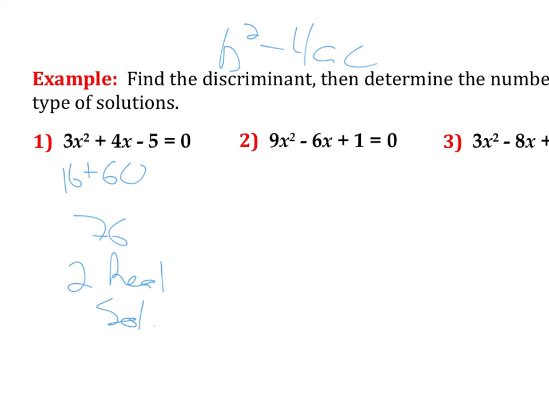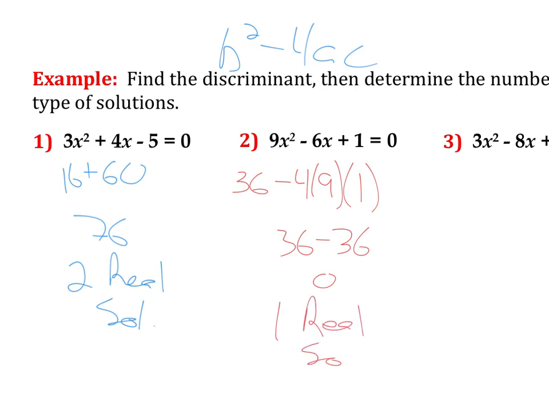Next one, b squared, so negative 6 squared is 36, minus 4ac, so 4 times 9 times 1. So that'd be 36 minus 36, that's 0. So that means there's only one real solution. Again, the value that we get as the discriminant will just tell us how many solutions to expect and what type of solutions.